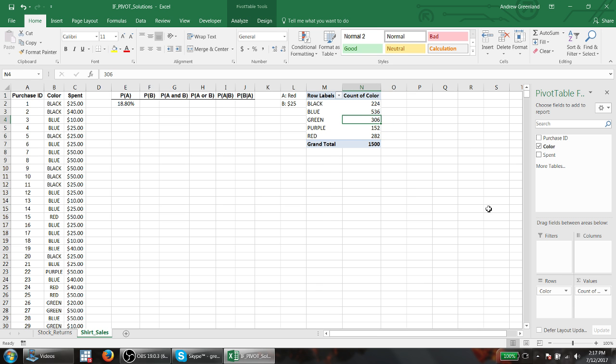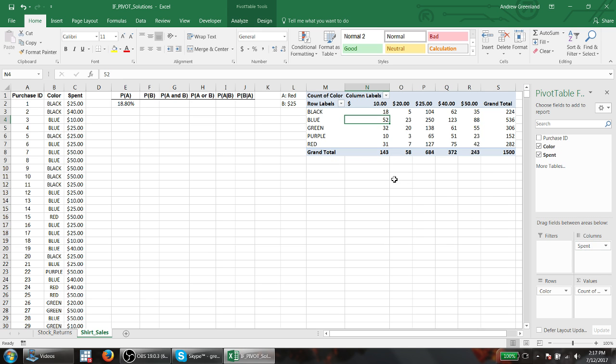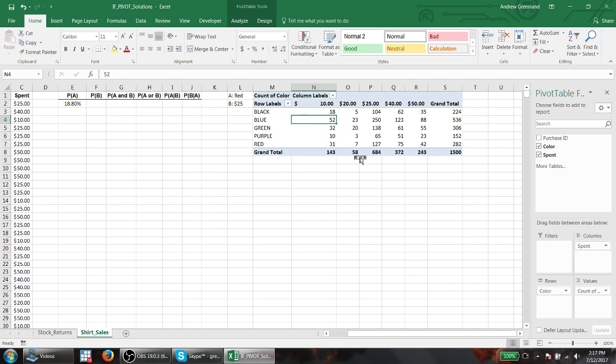We'll just click back in our pivot table here. Once we have our pivot table selected, we can go ahead and drag the word spent into columns. Now, this is a two-way frequency distribution. This shows for two different variables how likely are each of those things to occur.